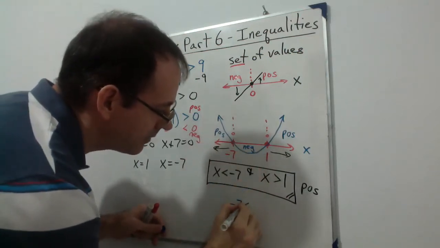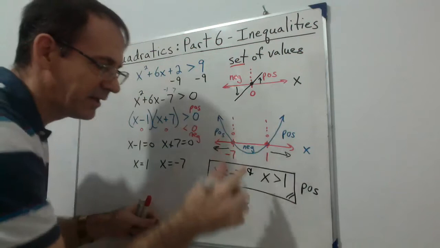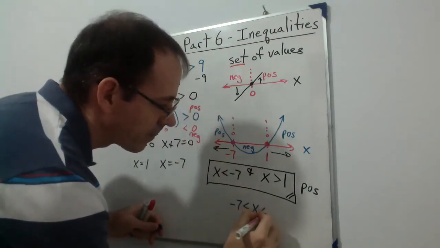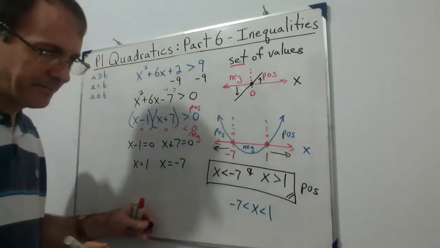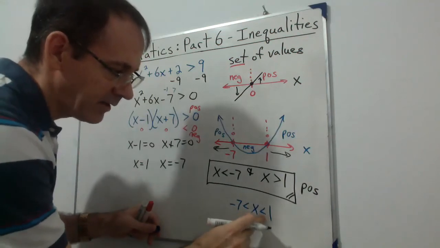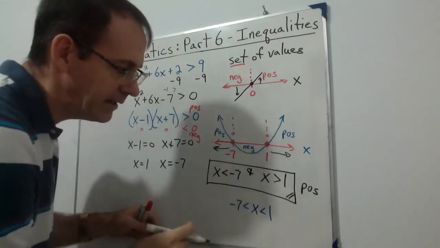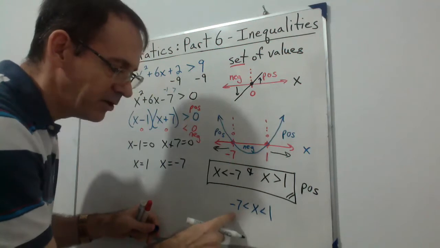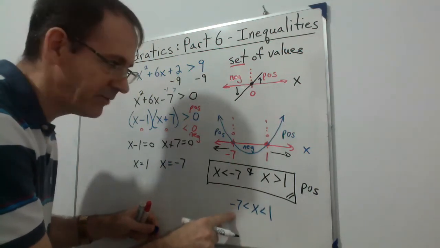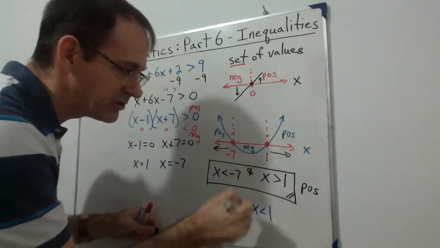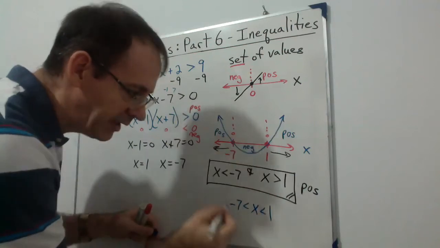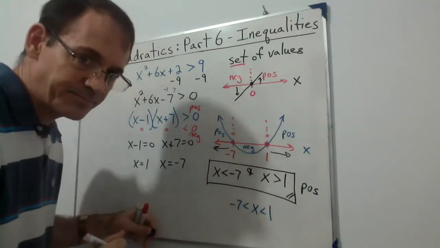So -7 is on the less side, like this. So x is less than 1, but at the same time greater than -7. Only if your solution is between numbers can you write it like this.